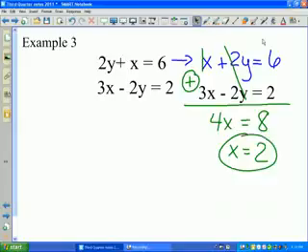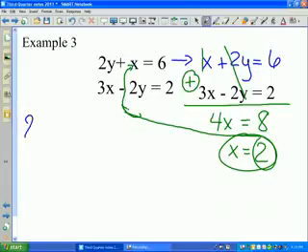So now we're going to take this 2 and we're going to substitute it back into one of the two equations, in for x. We can go with the top equation, we can go with the bottom equation. Actually, I'll go with the top equation this time, since we did the bottom equation last time. Let's continue the loop. So now I have 2y plus, which I'm going to put my 2, equals 6.